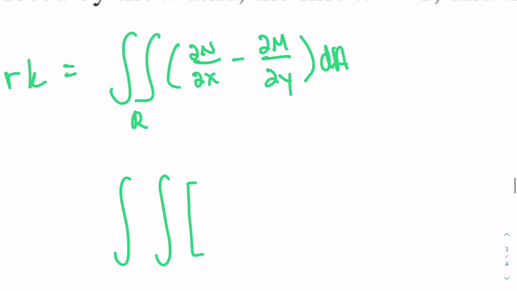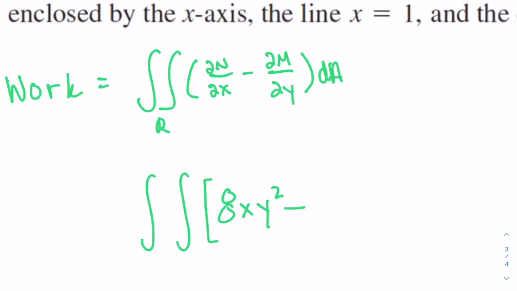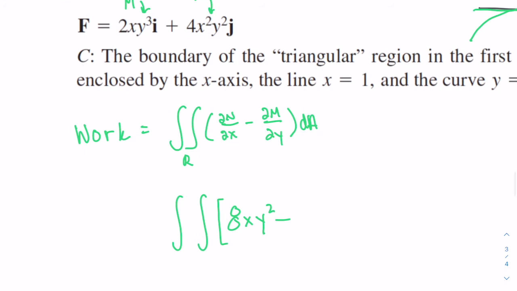So we have 8xy squared minus dM/dy, which would be 6xy squared. And then we'll have dA. Okay, fantastic. Actually, because we're actually evaluating this one, let me pick an order. We'll just do dy dx.